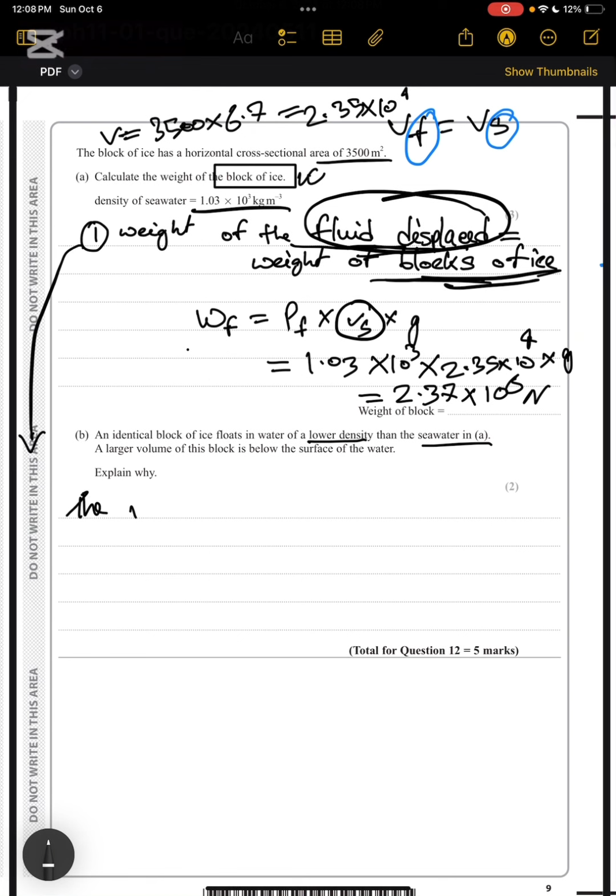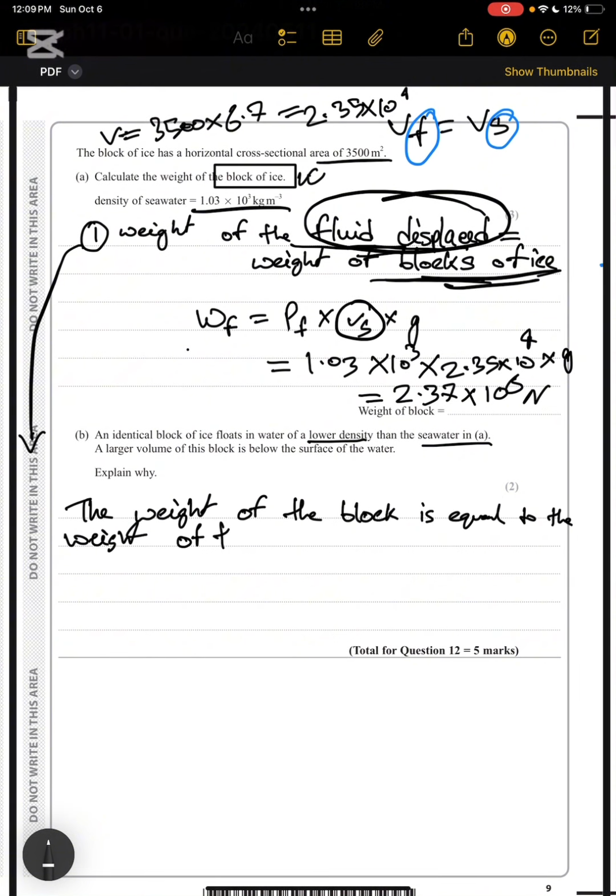The weight of the block is equal to the weight of the fluid displaced.